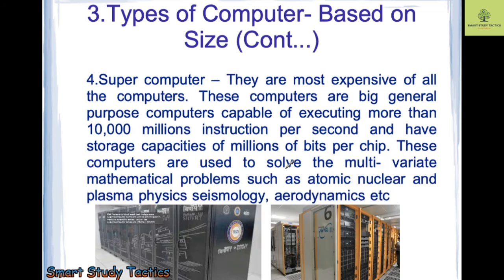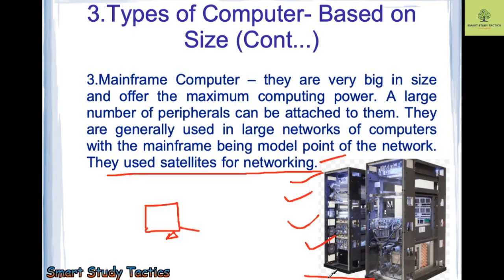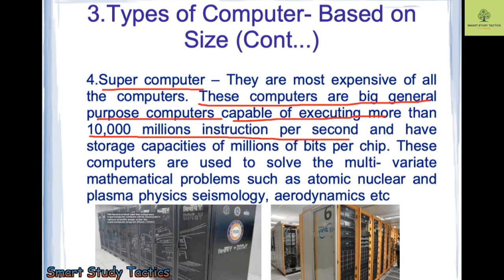Now the important type of computer we are going to talk about is the supercomputer. Supercomputers are big general purpose computers capable of executing more than 10,000 billion instructions per second. In a mainframe you can see two computers, but here you can see a series of computers, with more at the back.